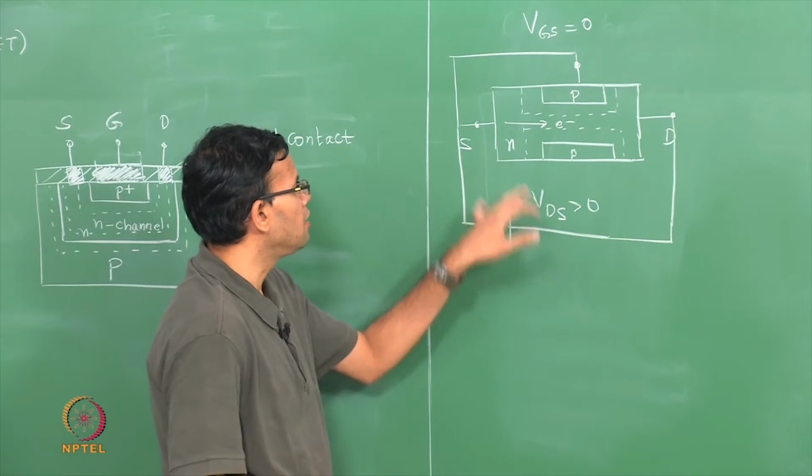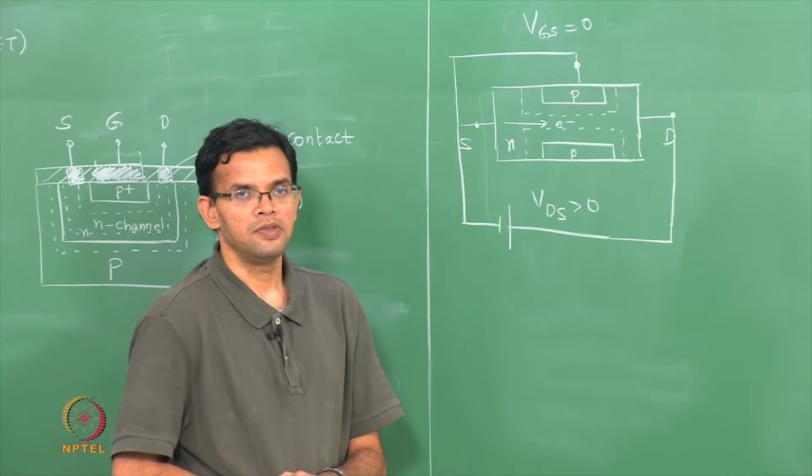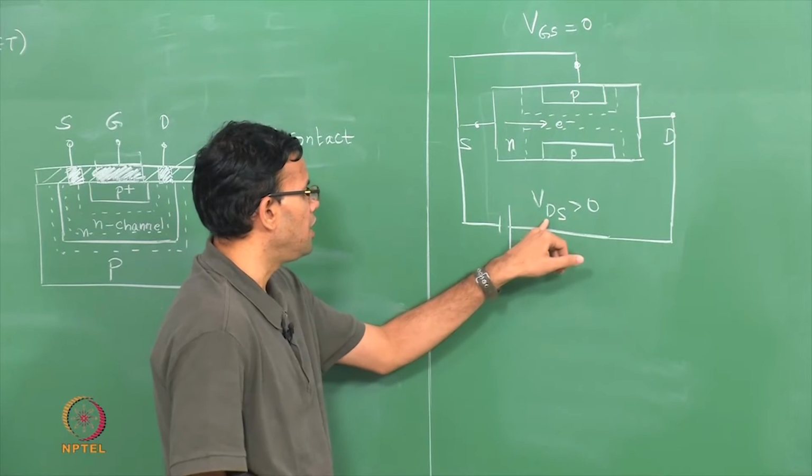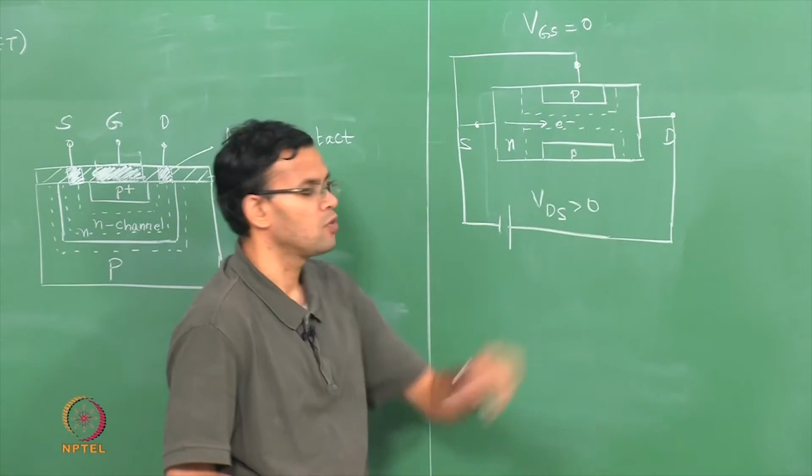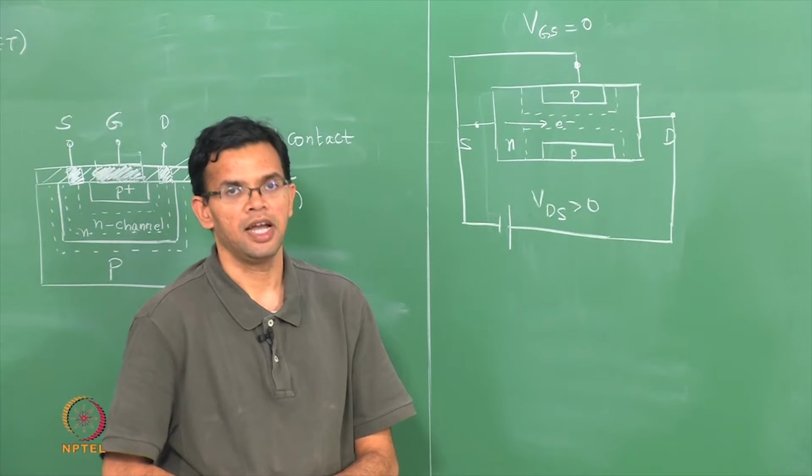But if you look at the two junctions, as we increase the value of the drain source voltage, there is going to be narrowing of the n channel.